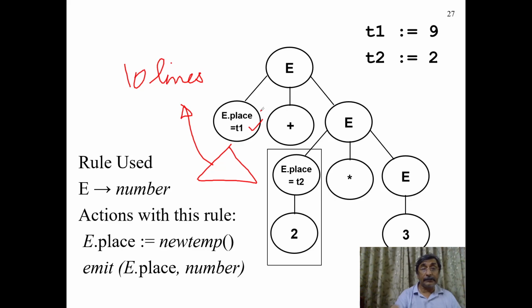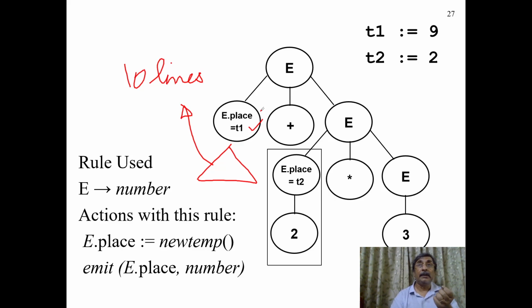So whatever you have done so far, however much code you have written, the ultimate result of that code is kept in a variable called T1, and that is available in the value of the attribute of the non-terminal E.